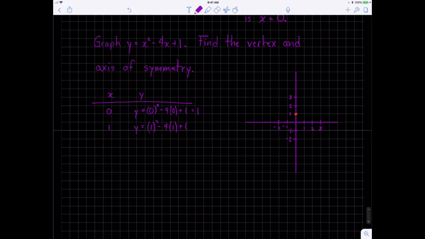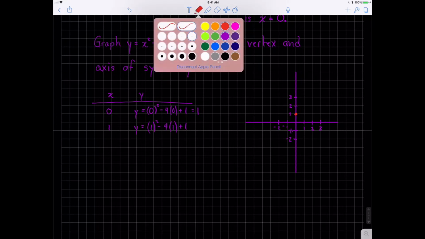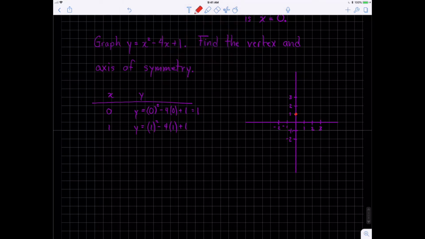Oh, so it goes down. So when x is 1, y is -2, so that's going to put me over here. Huh. So here's part of our parabola going this way now. I'm going to undo my little line there and clean it up in a moment.